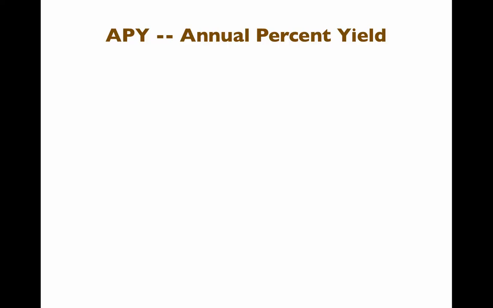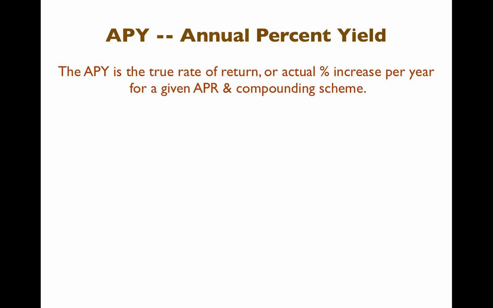So these two things, the 9.3% on the quarterly compounding and the 9.38% on the monthly compounding, is what's called APY. APY is the true rate of return, the actual percent increase per year for a given APR and compounding scheme.